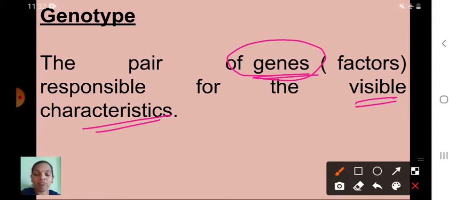Not only the height of the plant, but also seed color and flower color are physical characteristics, and the pair of genes responsible for them is called the genotype. I hope you understood what is meant by phenotype and genotype. Phenotype is the visible characteristics. Genotype is the pair of genes responsible for the visible characteristics. Okay children, shall I go to the next one now?